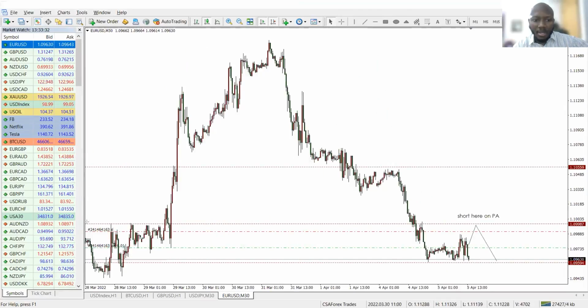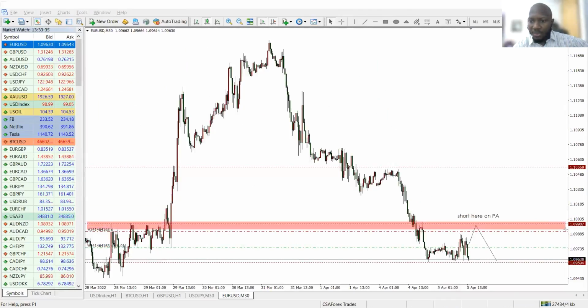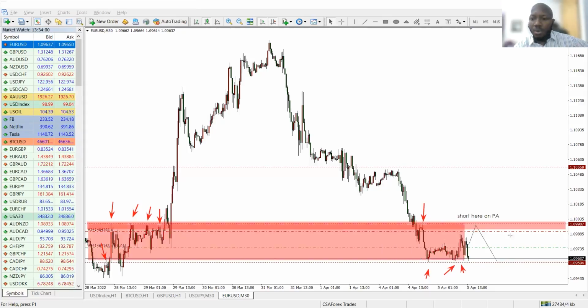If you look over here, we have this area, which happens to be a very important area: resistance, resistance, resistance, resistance here, and another form of resistance here. And of course, support, support, support, and then the same thing here where we have some form of resistance. So these are very key, important areas to focus on.